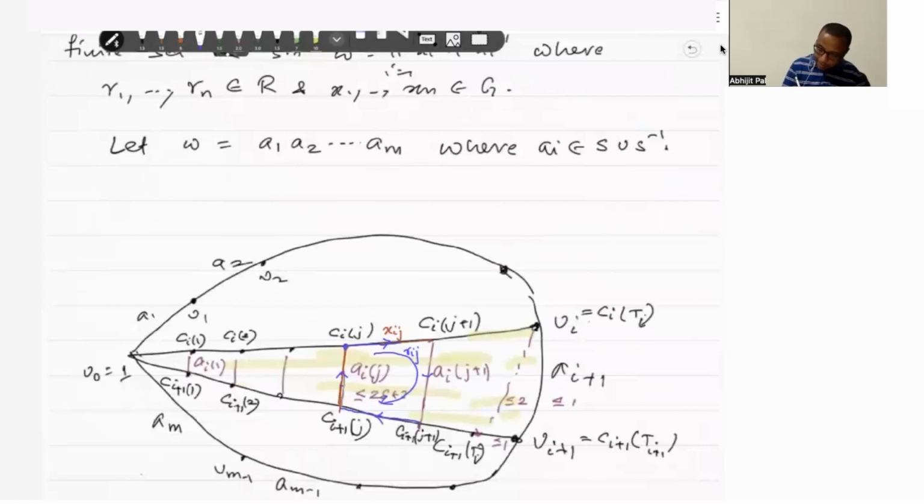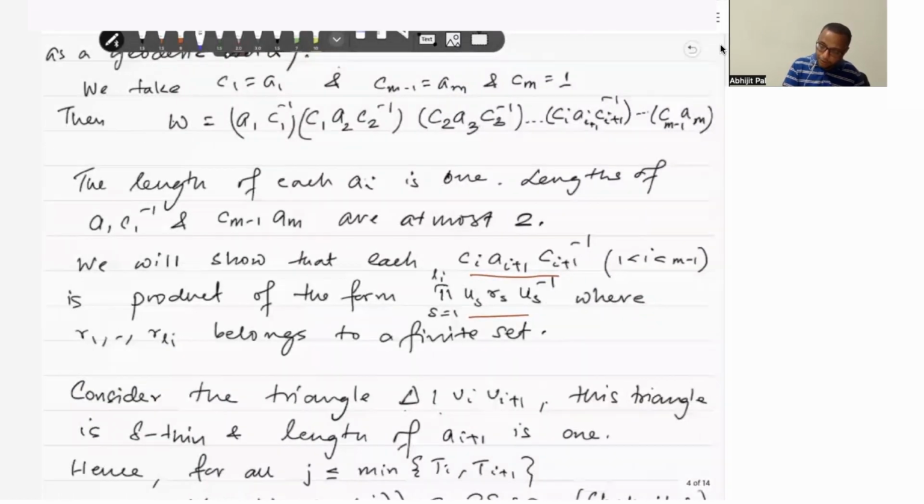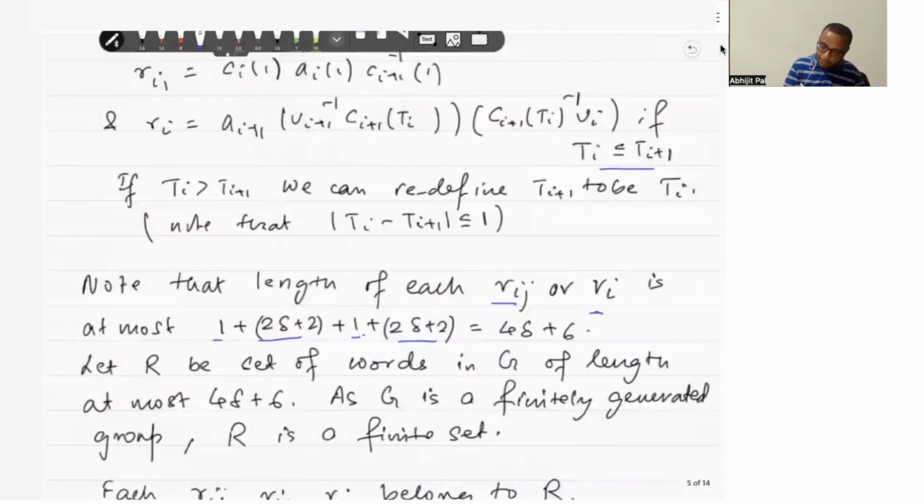The length of this Xij is equal to 1. The length of this geodesic Aij plus 1 is at most 2 delta plus 2. The length of this geodesic is exactly equal to 1, and the length of this geodesic Aij is at most 2 delta plus 2. So therefore, the length of this Rij will be at most 4 delta plus 6.